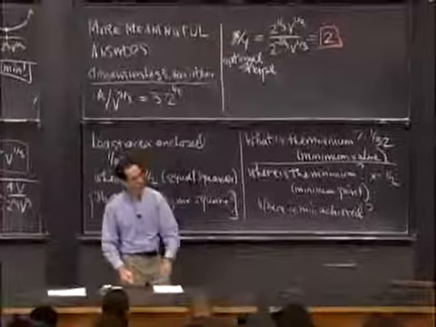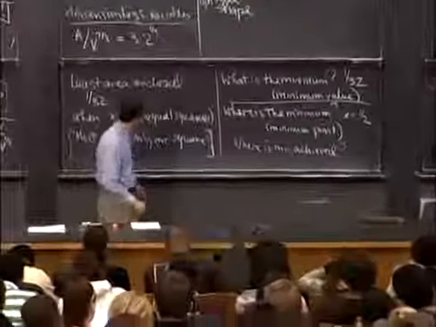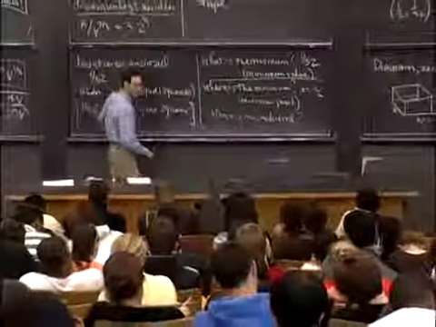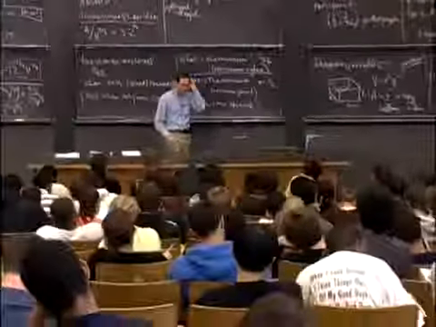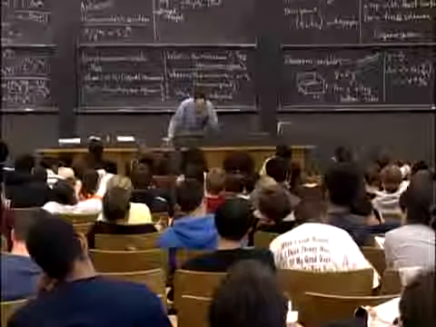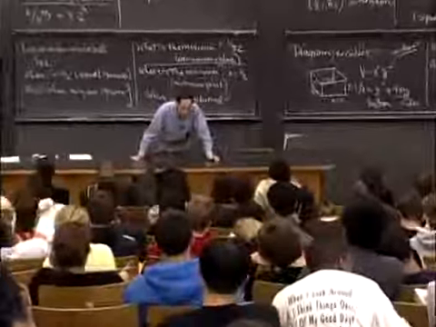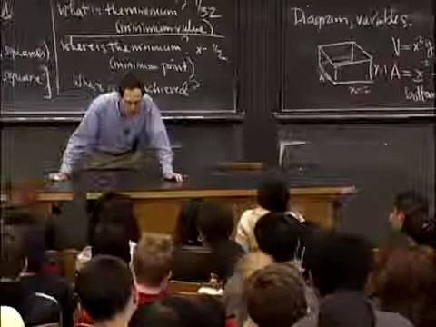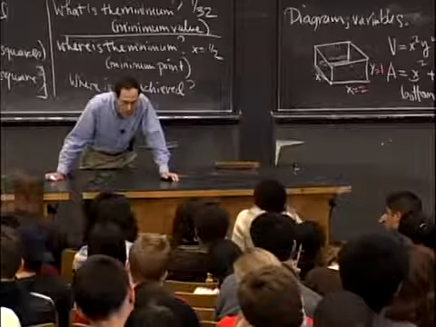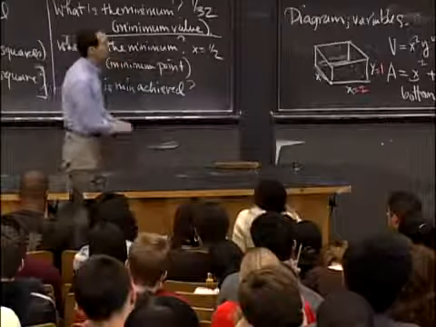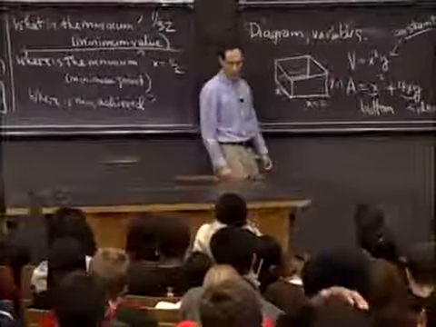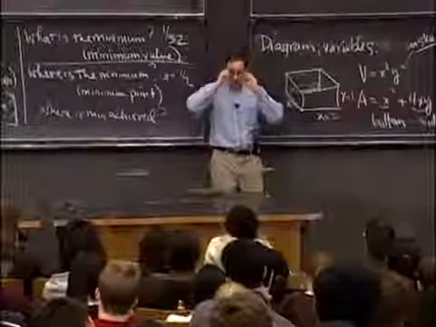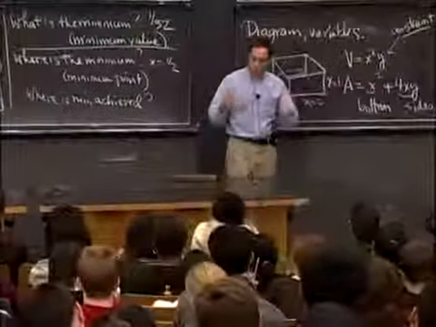All right, there was a question right here. Yes? I'm wondering whether we'd be able to get the answer if we weren't told that the bottom is square. The question is, could we have gotten the answer if we weren't told that the bottom was square? The answer is yes, in 18.02 with multivariable.